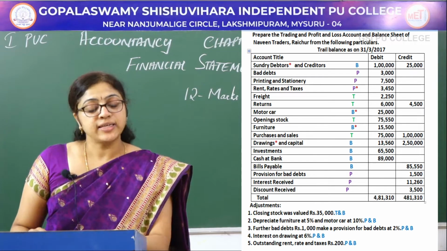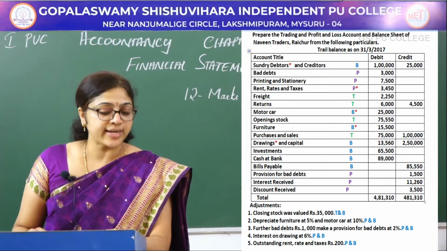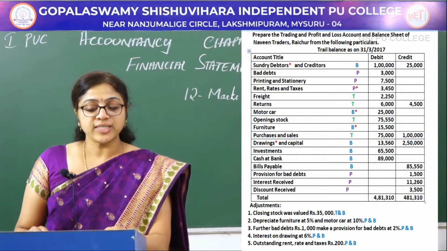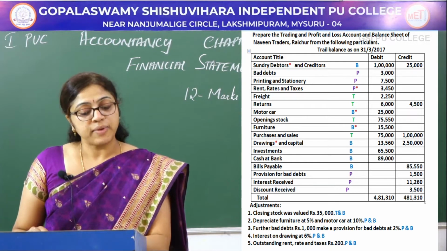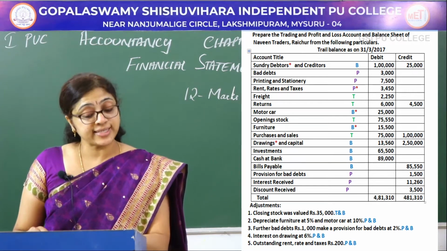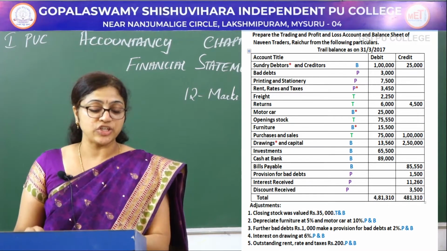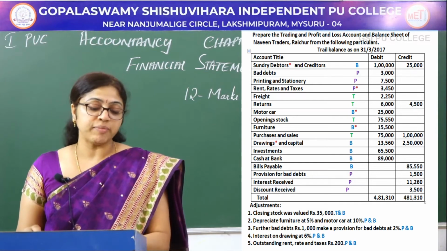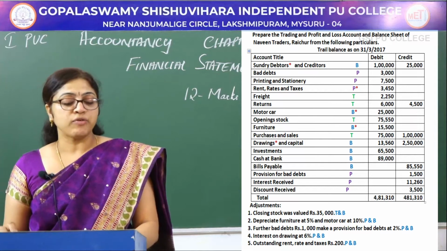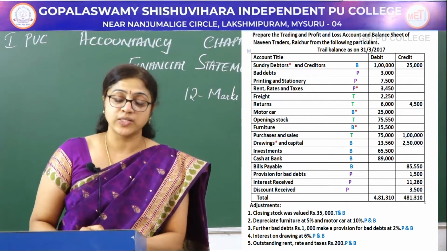Next one, bad debts, it is recorded in profit and loss account, printing and stationery profit and loss account, rent, rates and taxes profit and loss account, freight charges, trading account, returns, trading account, motor car, balance sheet, opening stock, trading account, furniture, balance sheet, purchases and sales, trading account, drawings and capital, balance sheet, investments, balance sheet, cash at bank, it is recorded in balance sheet, bills payable, balance sheet, provision for bad debts, it is recorded in profit and loss account, interest received, profit and loss account, discount received, profit and loss account.